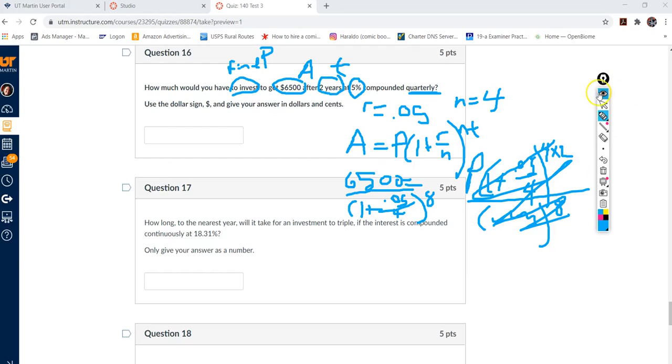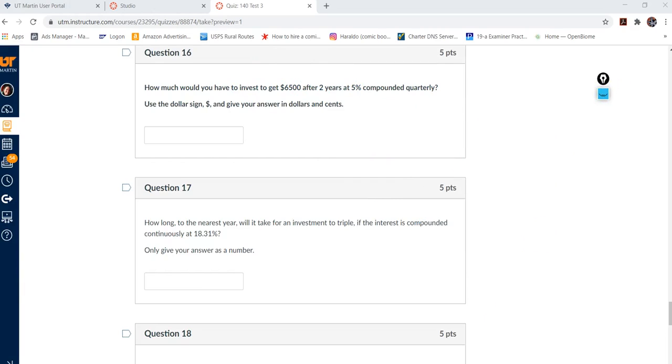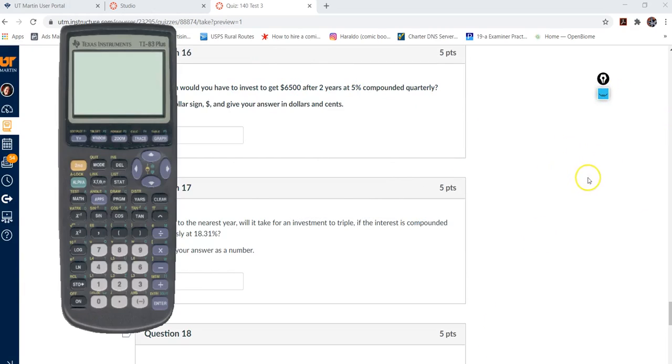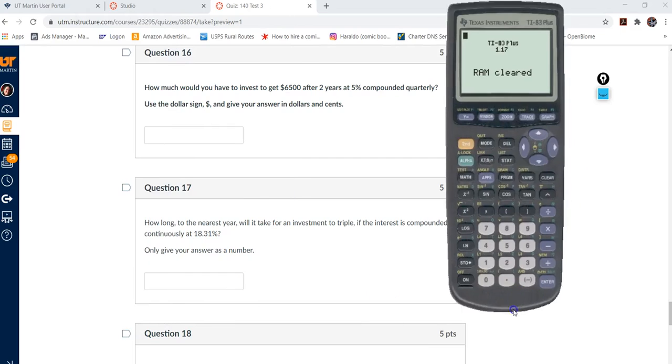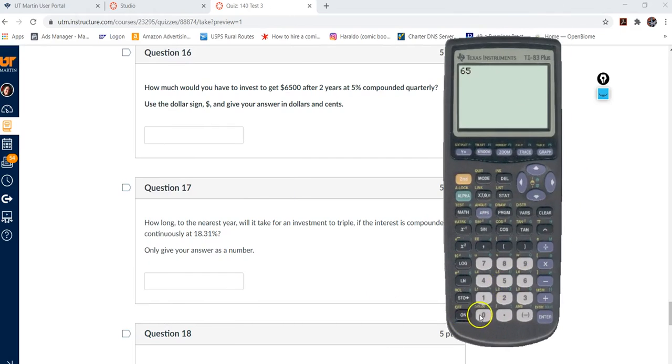Okay, so now let me do that on my calculator. So we want 6,500 divided by 1 plus 0.05 divided by 4, all to the power of 4 times 2, which is 8. Now, dollars and cents, okay, give your answers in dollars and cents and use the dollar sign.